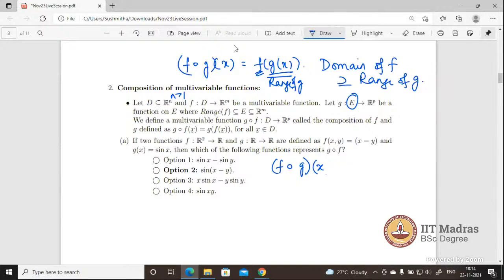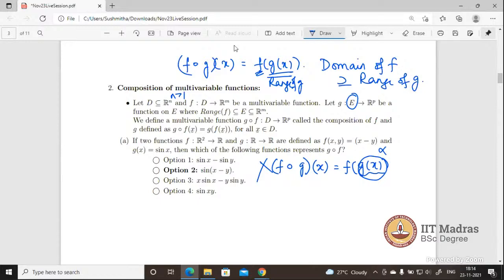Only g of x, because g is a single variable function. Yeah, so I can have only x here. So this is going to be f of g of x. Where is g of x going? Is it a real number or a vector? Scalar. So this is going to be a number, say alpha. Can I define f of alpha? No. So f composite g is not at all defined, right?